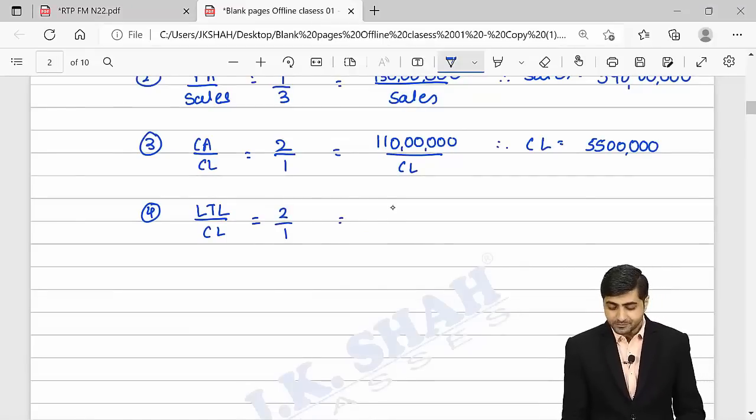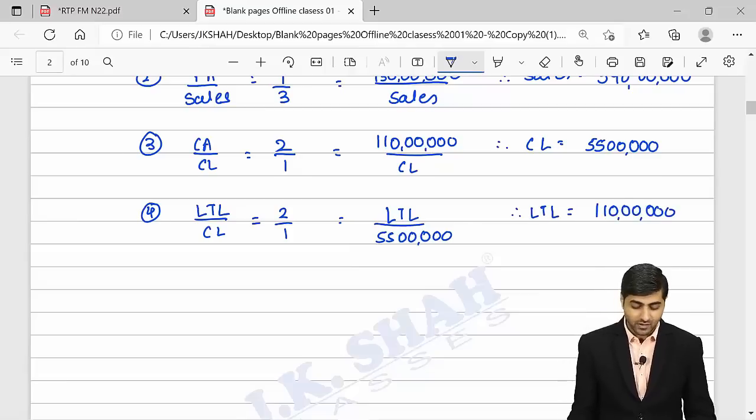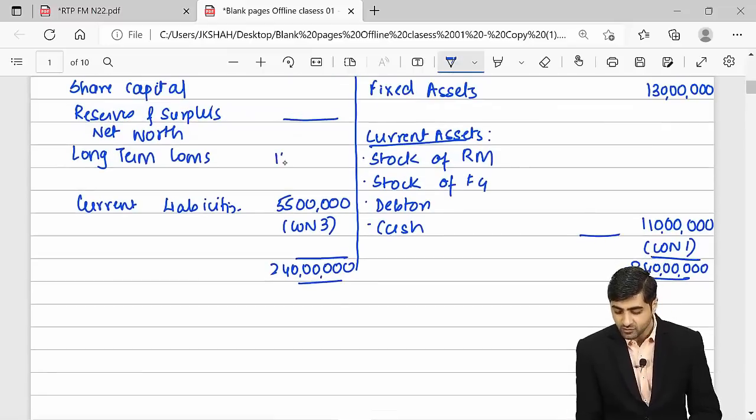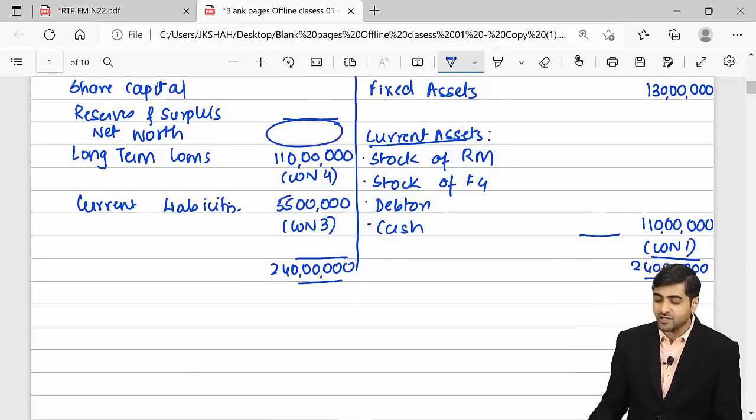So that is why we have your current liabilities as 55 lakhs. So therefore, your long-term loans will be 1 crore 10 lakhs. So now we have 1 crore 10 lakh as your long-term loan. And guys, this will be your reference to working note number 4. So obviously now we have the net worth available, yes or no?